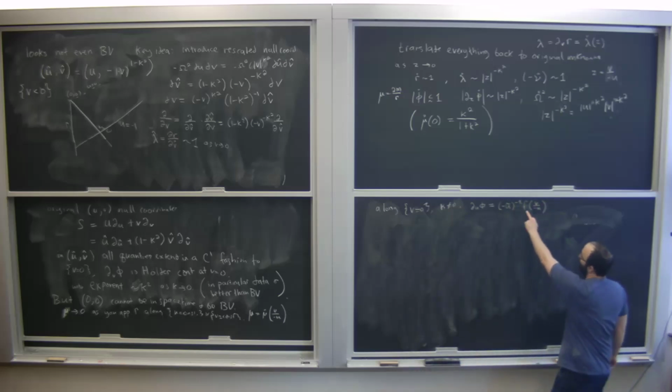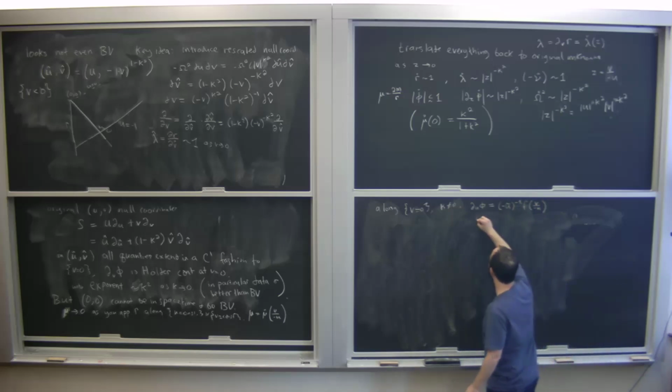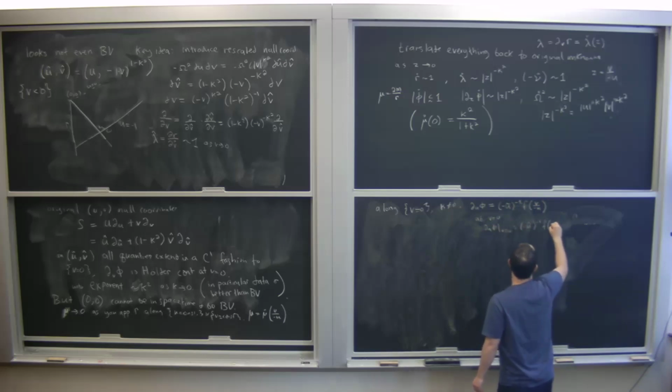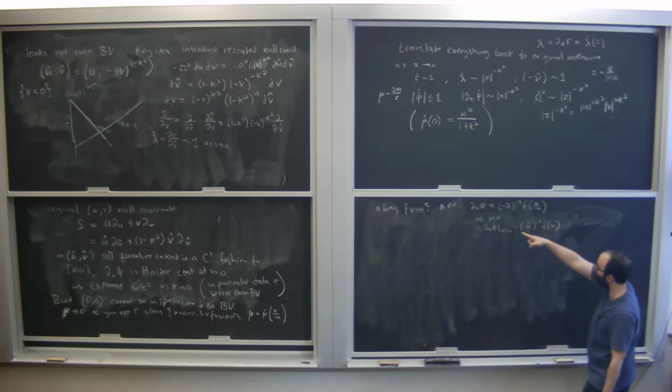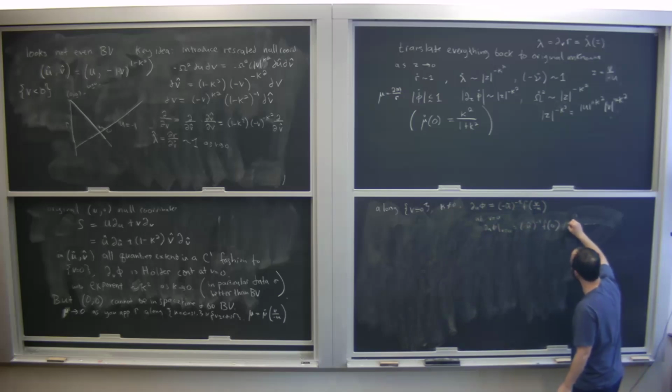At v equals zero, you just get this thing at zero. And again, when k is not equal to zero, this will not vanish.